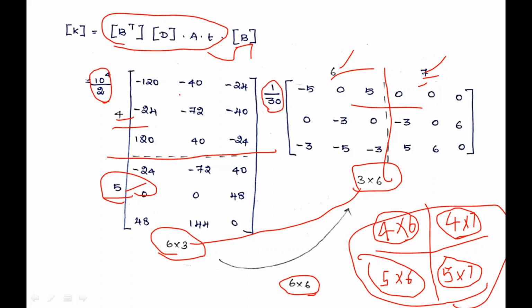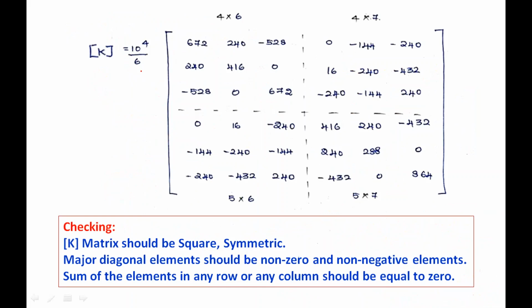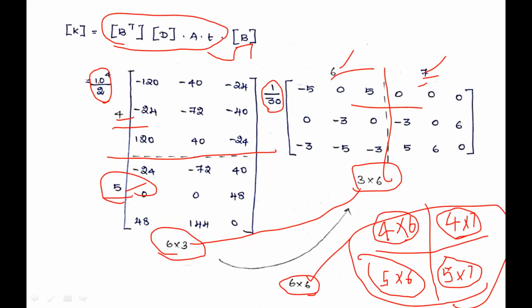After multiplying this 3 by 3 matrix 4 times, finally we will get the required 6 by 6 matrix, that is the stiffness matrix. Let us see that stiffness matrix. Here 10 power 4 by 6, it is coming 10 power 4 by 2, here 1 by 30.